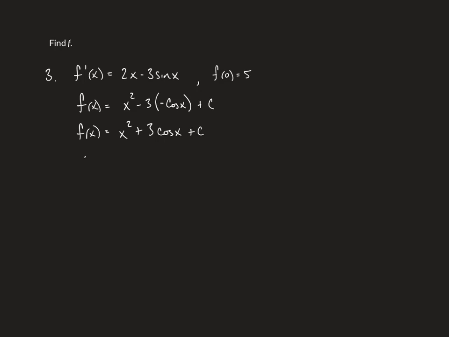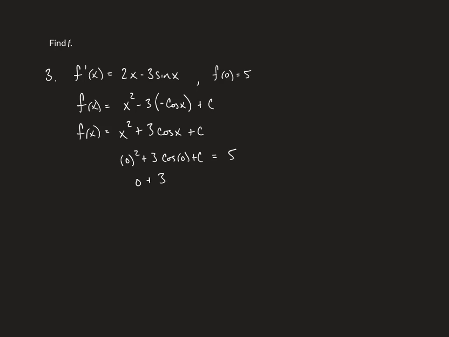But I now know that by plugging in a 0, because of that initial condition that was given, I will get 5. And this is going to be helpful because now I can just solve this part of the equation and find out what c is. 0 squared is 0. 3 times cosine of 0.